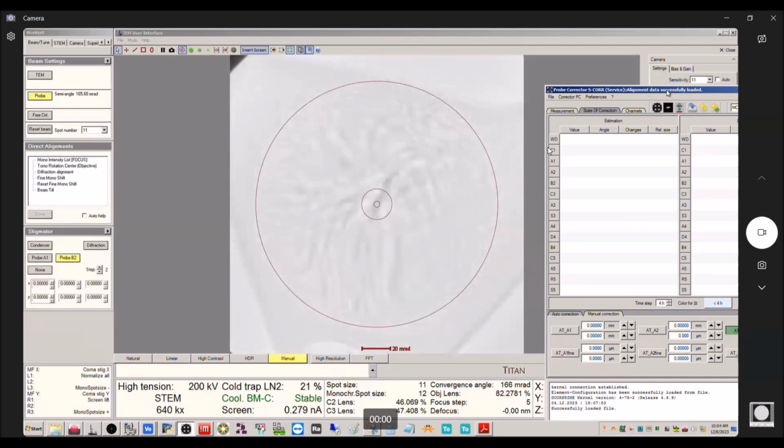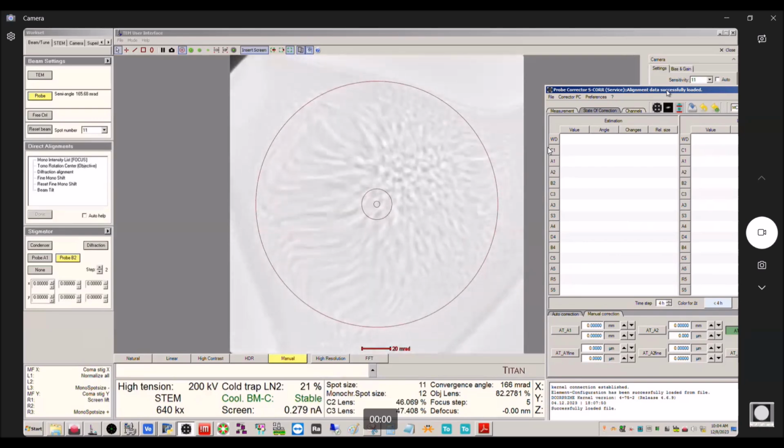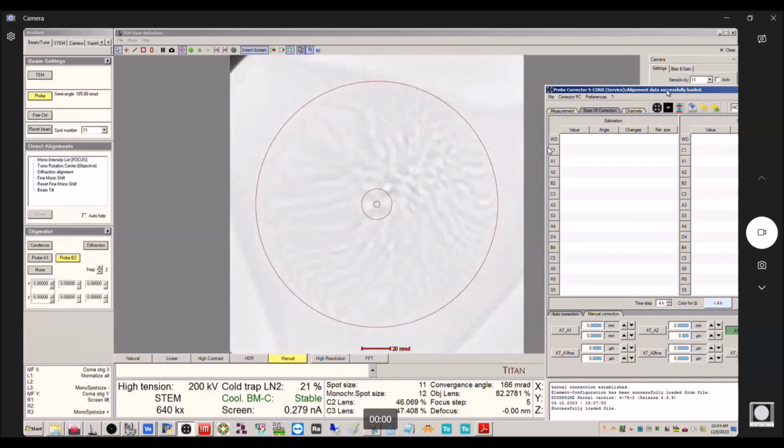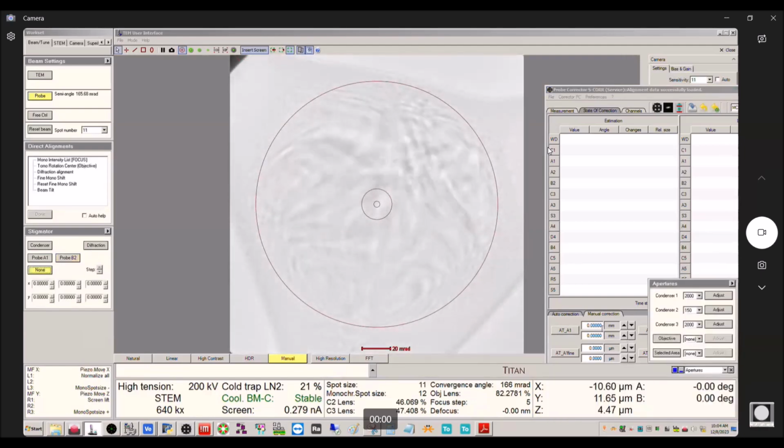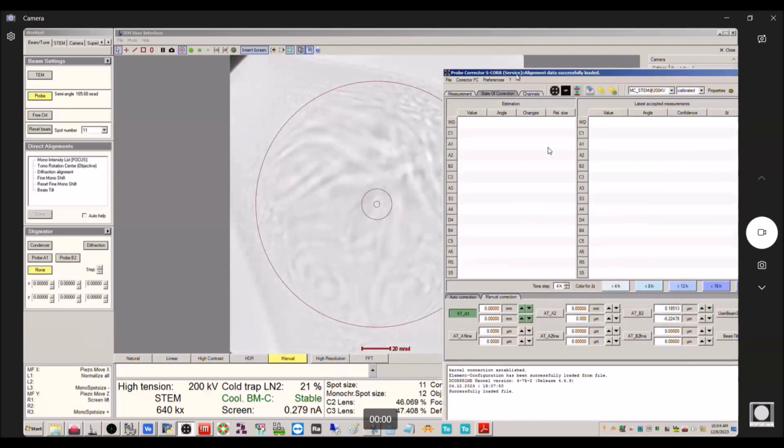Okay, I'm getting warmer. So yeah, this is going to look a little funkier than normal here.